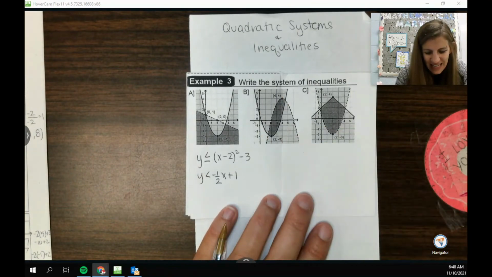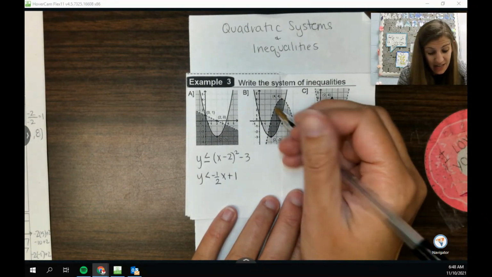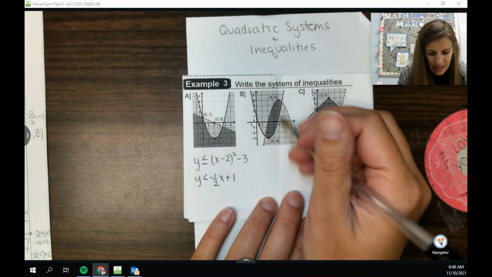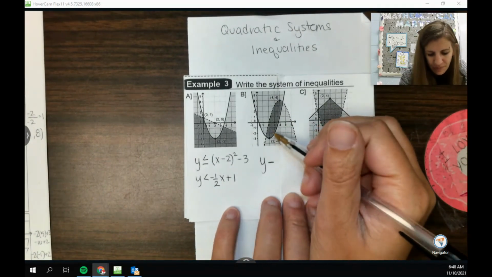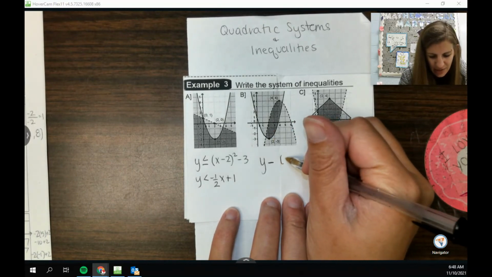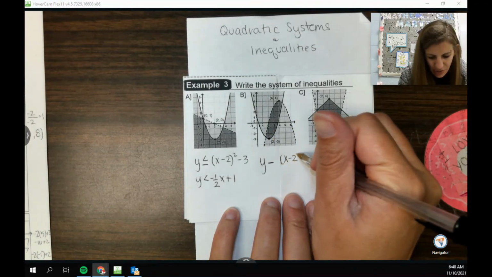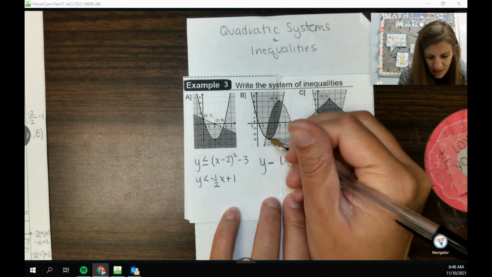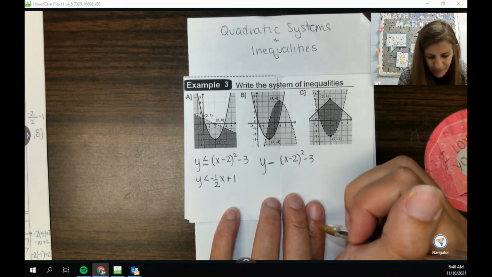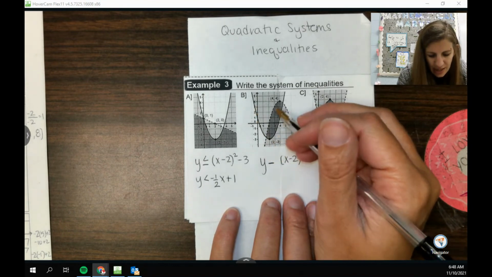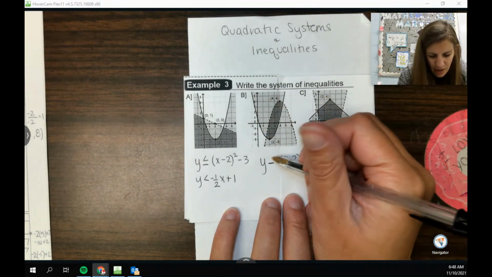Looking at this one here, we got 2 parabolas. So I'm going to start with the one with the solid line. So I know that we're equal to. Has a vertex again, so I'm going to go vertex form like x minus 2 squared minus 3. Slope of 1 again, so that's all set. And they sort of shaded above that parabola, so greater.